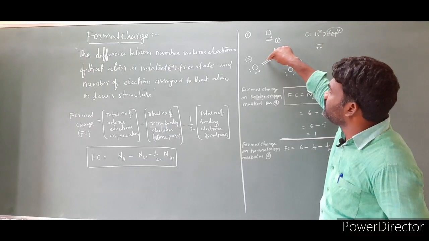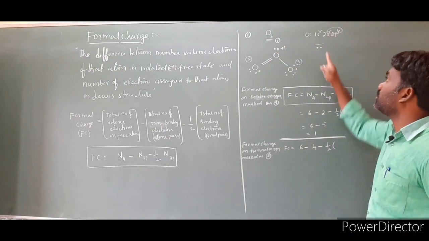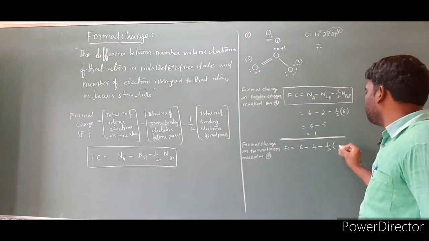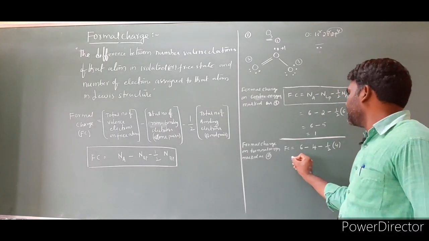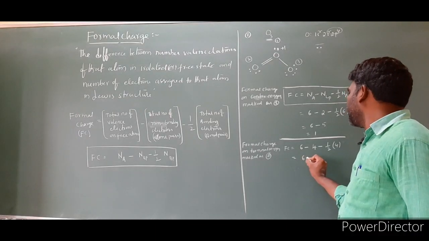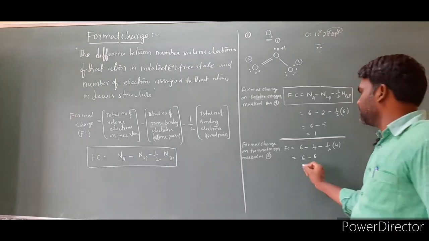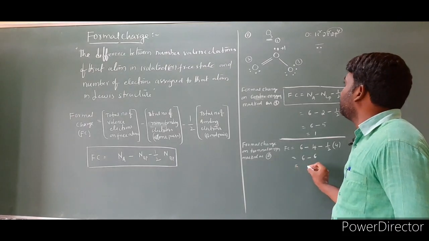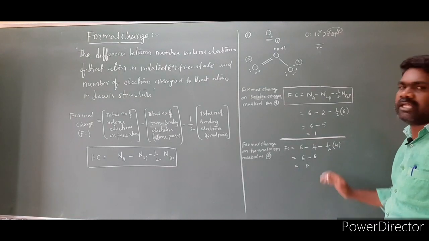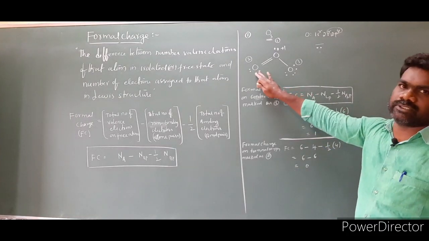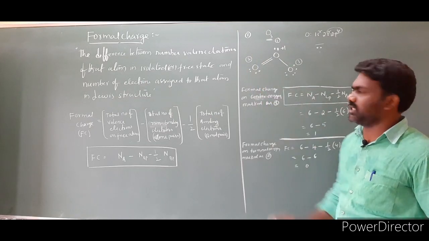Each bond is made up of 2 electrons, so the total number of bond pair electrons is 4. That is 6 minus 4 minus 2, which equals 0. This means there is no charge on this oxygen, no positive, no negative. It is neutral, no charge present on this terminal oxygen.